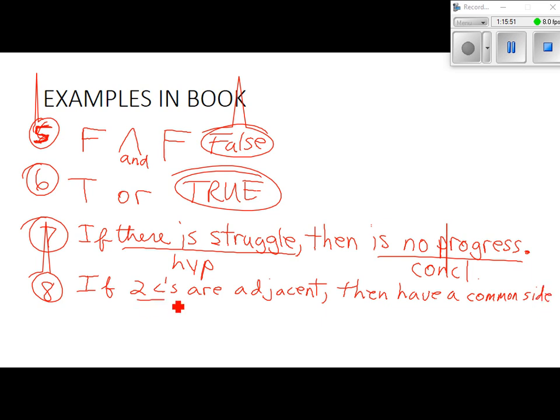Two angles are adjacent. Does everybody remember what adjacent means? How much do adjacent angles add up to? Nothing special, right? They're just neighbors. So that's the hypothesis. What's the conclusion? They have a common side.